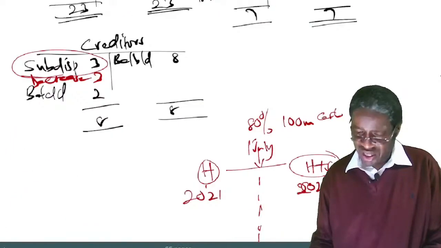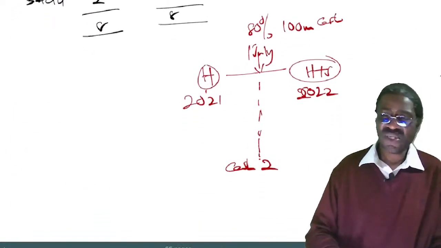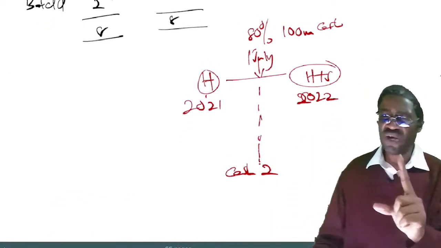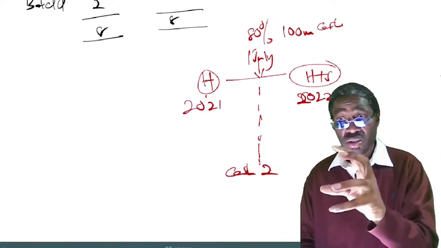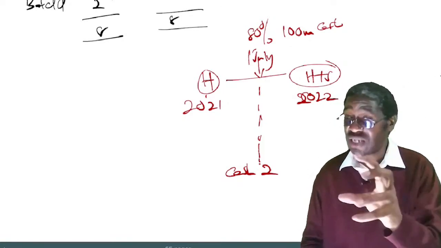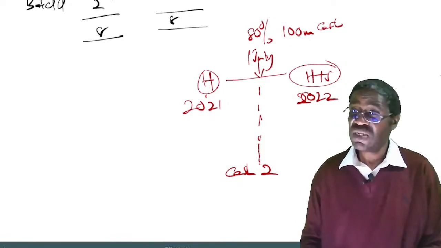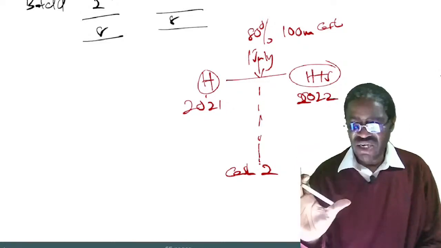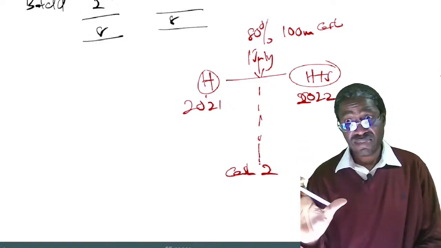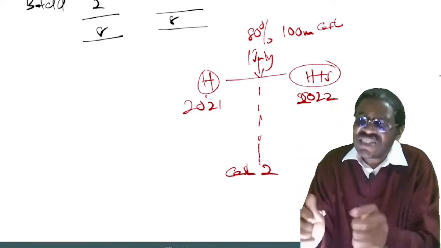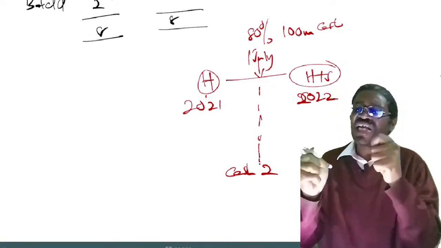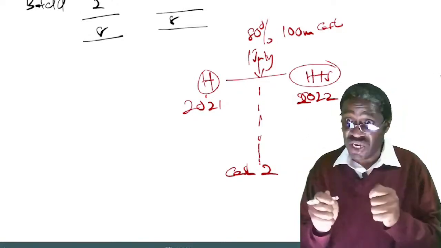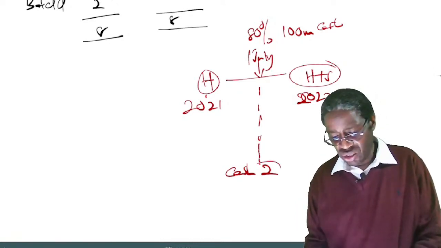The argument is here now. Listen. Today, on 1st July, I paid them 100 million cash to buy 80% shares in that subsidiary company. But among the assets they are giving me, that subsidiary, there is that cash of 2 million.